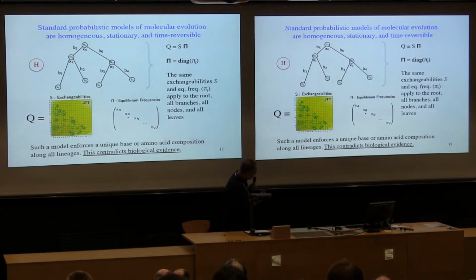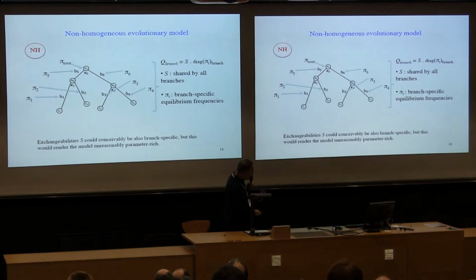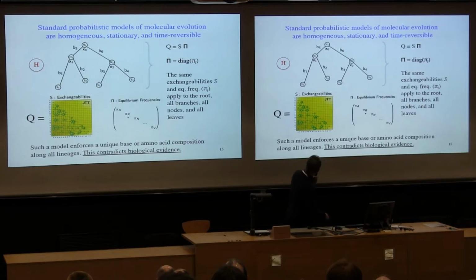And so the way the modeling is commonly used is to assume that this matrix Q can be decomposed into the product of another matrix that is called the exchangeability matrix and a diagonal matrix of equilibrium frequencies. So this first matrix, denoted S, represents the propensity of each amino acid to be replaced by another one.